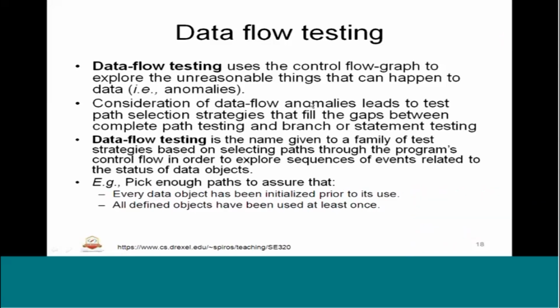The next one is also very important. Whatever data or objects are defined should be used. We cannot have data that is dead. It is called a dead object, which is not used.